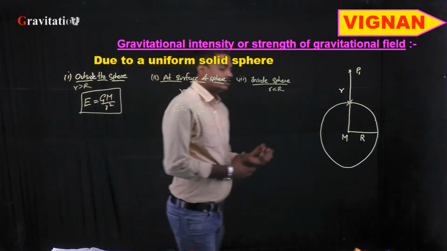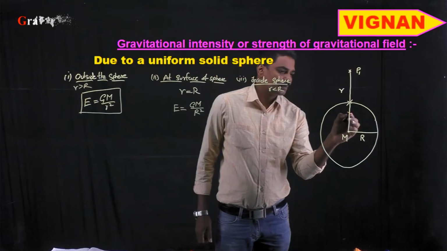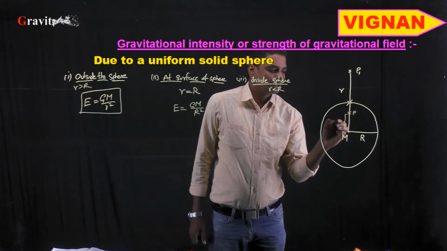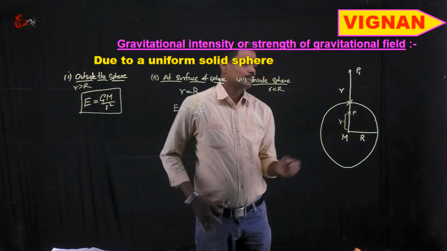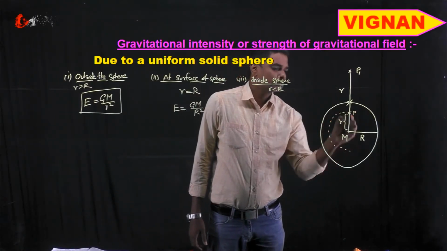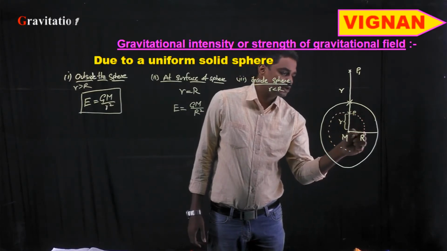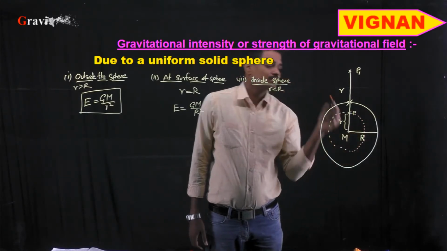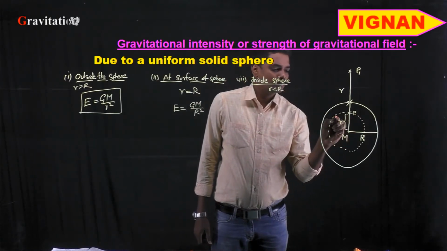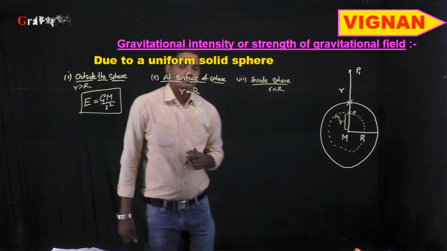So let us see. Let us consider a point P here, which is at a distance of small r. So now I need to consider only the mass corresponding to the solid sphere of radius small r. Let its mass be ms.